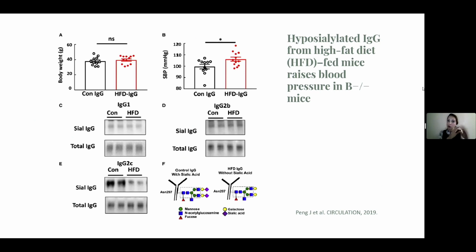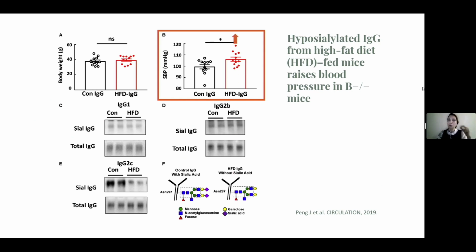And then the IgG from these obese mice fed a high-fat diet was put into B minus minus mice. Those are mice that don't have their own IgG. And in another group of those B minus minus mice, the control IgG was put.